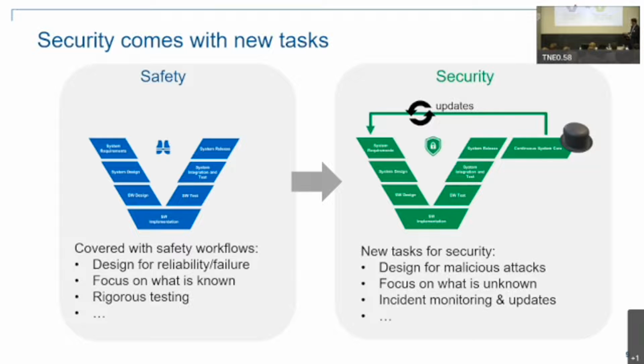And for sure, we also have to monitor and update the system regularly, because if you find out that there is a failure in the system, you will have to do an update of it, and so on and so forth. And for this, we will base this presentation on the V model. And as I mentioned, I will especially focus on the software implementation part rather than on the other sections.